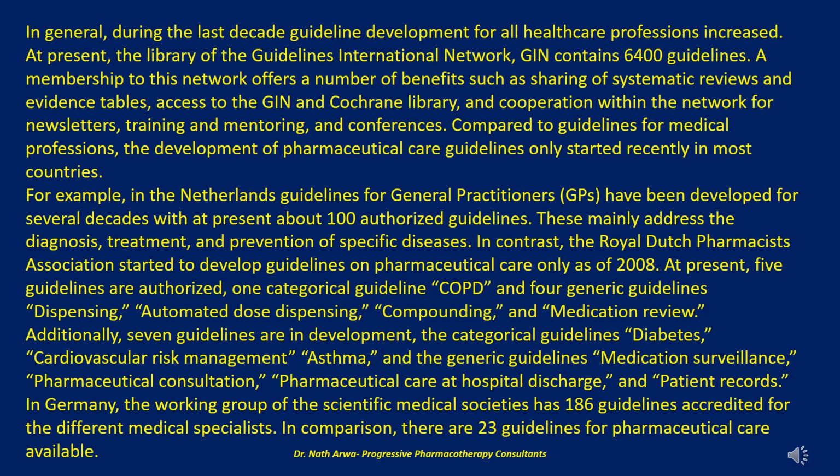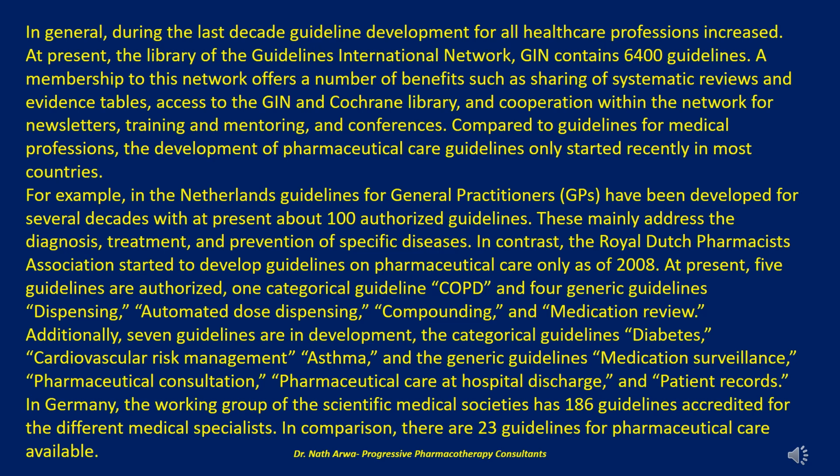In contrast, the Royal Dutch Pharmacists Association started to develop guidelines on pharmaceutical care only as of 2008. At present, 5 guidelines are authorized: 1 categorical guideline, COPD, and 4 generic guidelines, dispensing, automated dose dispensing, compounding, and medication review.